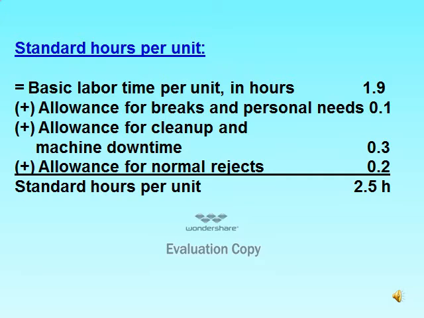To calculate standard hours per unit, basic labor time per unit in hours 1.9 plus allowance for breaks and personal needs 0.1 plus allowance for clean up and machine downtime 0.3 plus allowance for normal rejects 0.2. Standard hours per unit equals 2.5 hours.